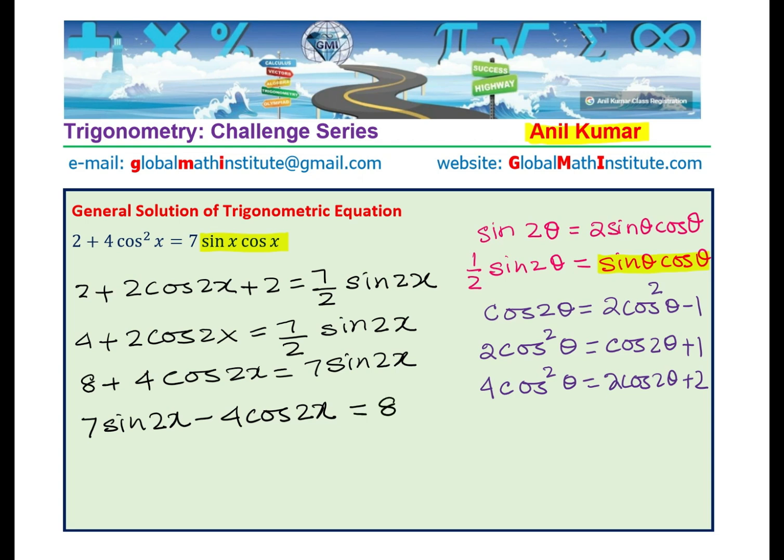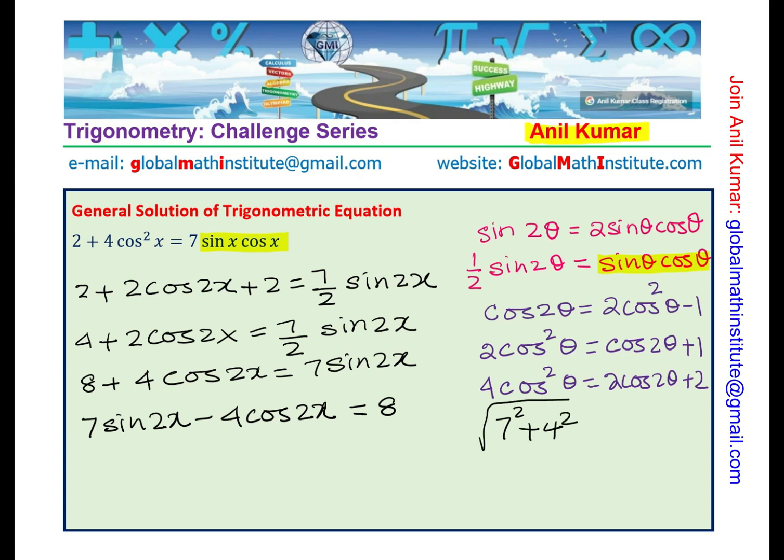Now, once you have this kind of an equation, what you can do is divide by the square root of a square plus b square. We can make a substitution, and then we can write this equation as sine of alpha minus theta or cos of alpha minus theta. So what is the square root of 7 square plus 4 square?